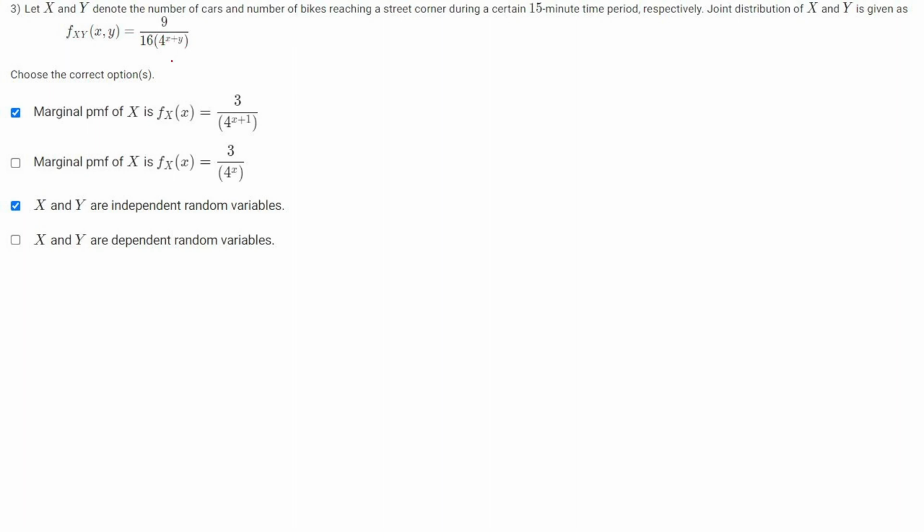They have asked us to find the marginal PMF of x. So how do we find the marginal PMF of x? That is, f_X of x equals sigma y from 0 to infinity of f_XY of x comma y.